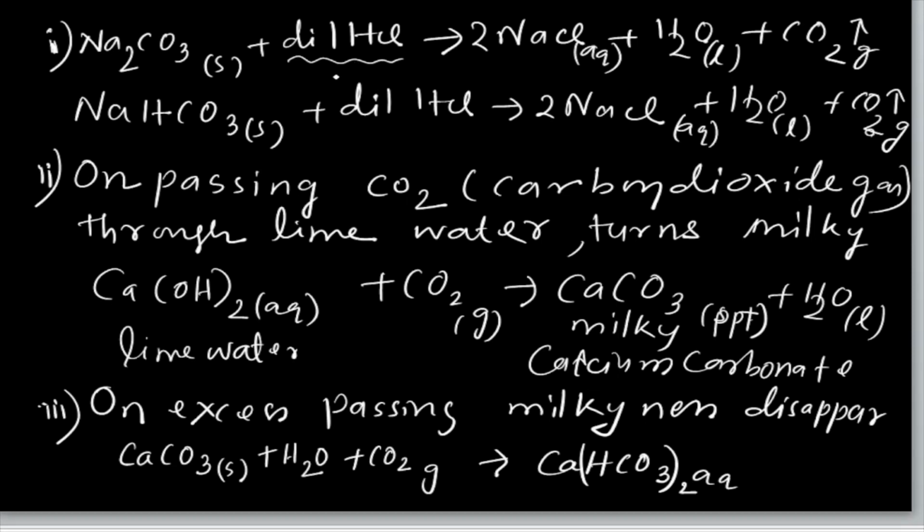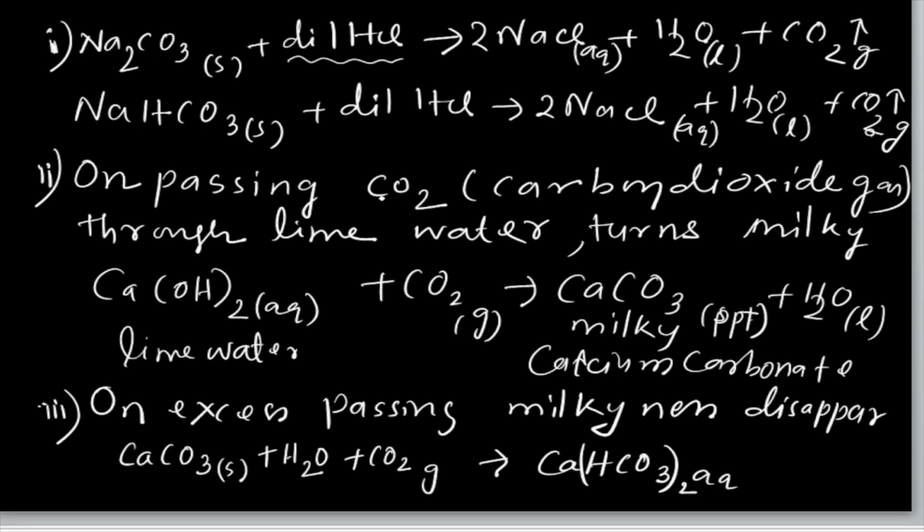Always add acid to water, otherwise explosions can happen, because a large amount of heat is liberated. Now NaCl is soluble in water, aq. H2O, and carbon dioxide is a gas. The arrow sign indicates that it is a gas. Similarly, sodium hydrogen carbonate also gives NaCl, water and carbon dioxide.